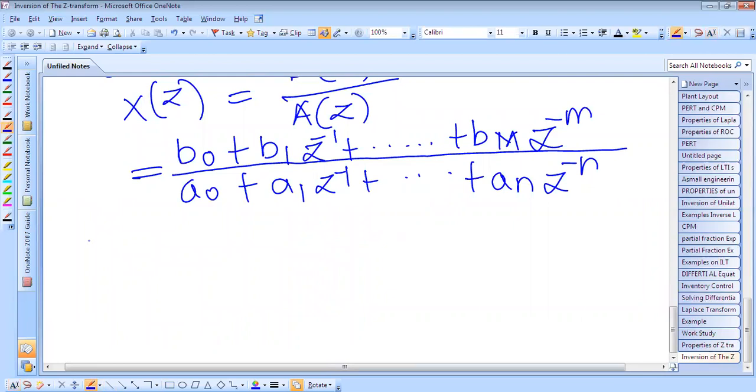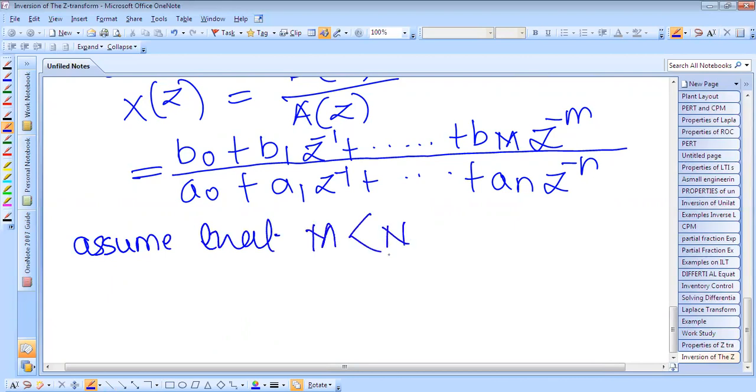We have to assume that m is less than n, that is, the highest power of the numerator polynomial is less than the highest power of the denominator polynomial.